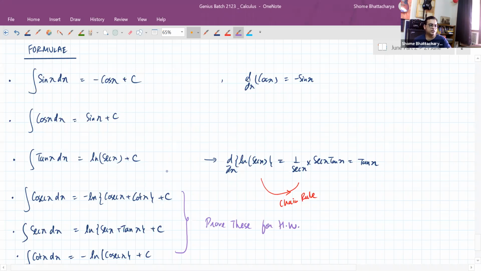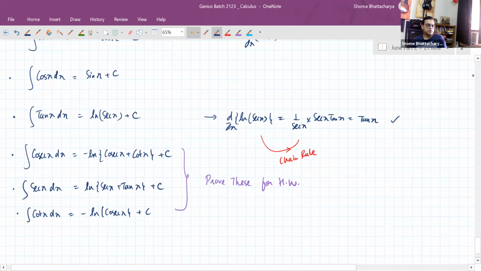Okay, so do the proofs of these as homework today. Use this kind of chain rule method to differentiate the antiderivatives and prove that they are the values as per the formula.